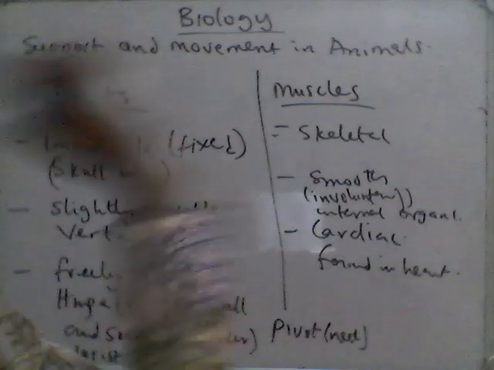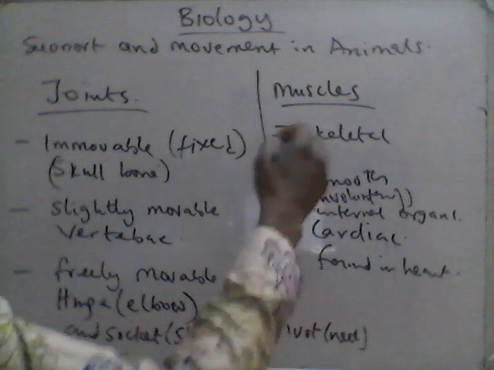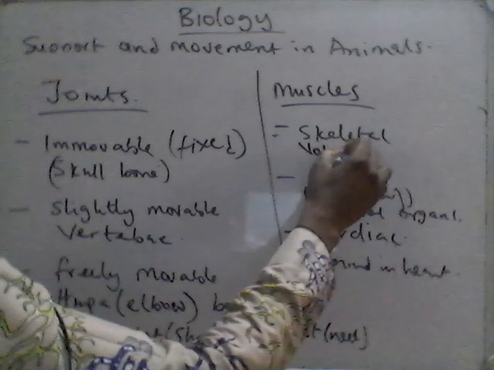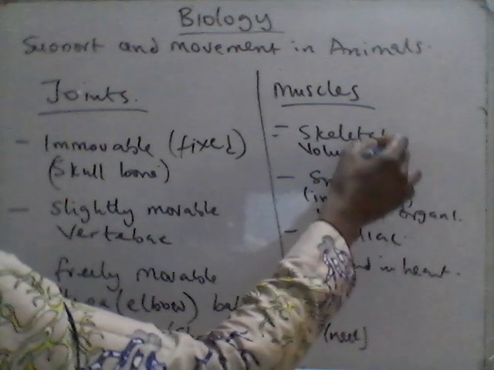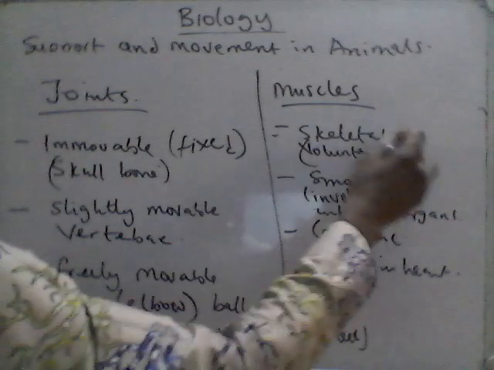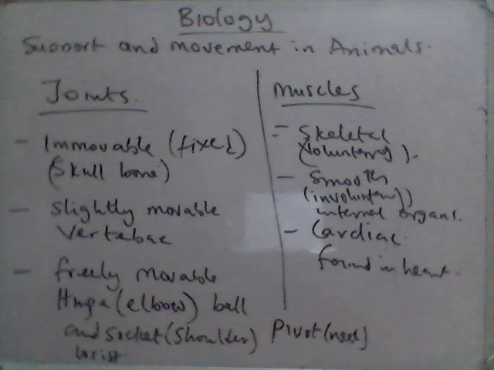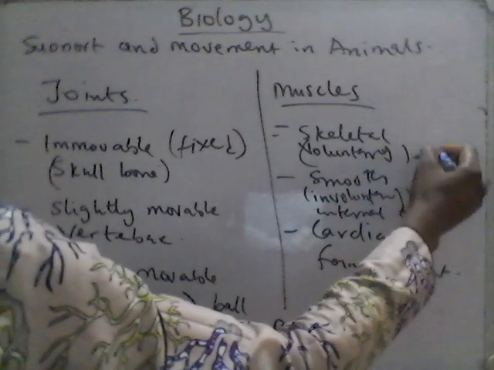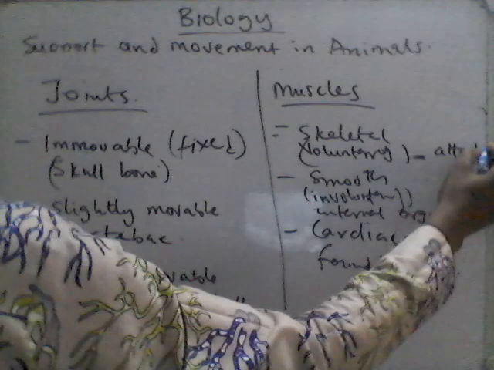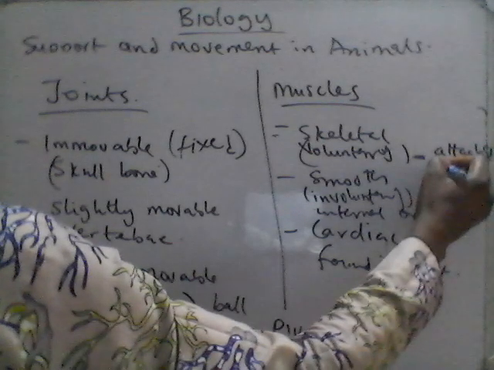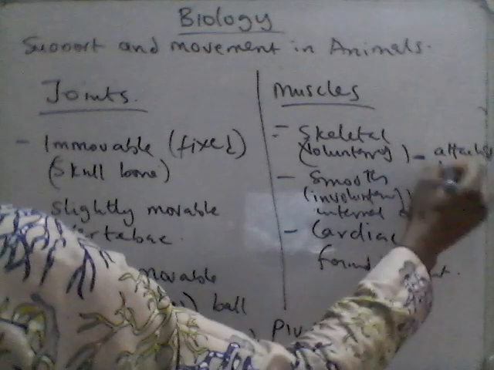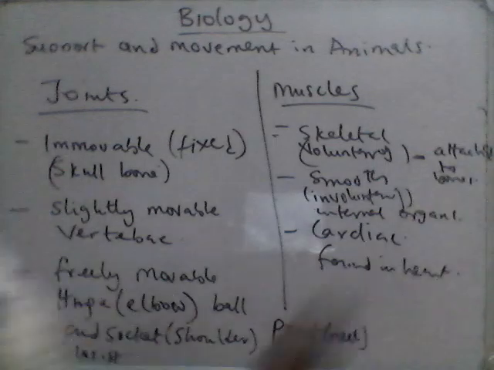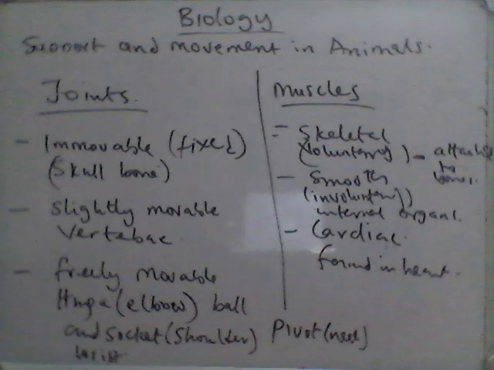So your arm muscles, your leg muscles, the skeletal or voluntary, can move when you want to move them. They are attached to the bones. That's why it's called skeletal.